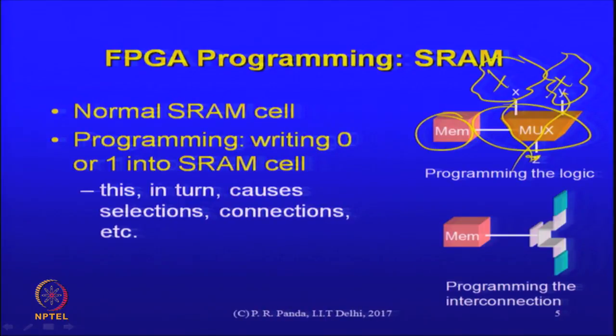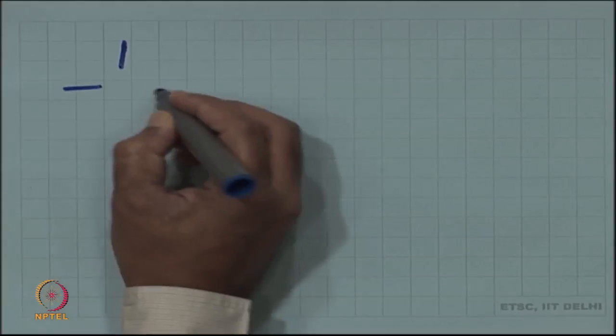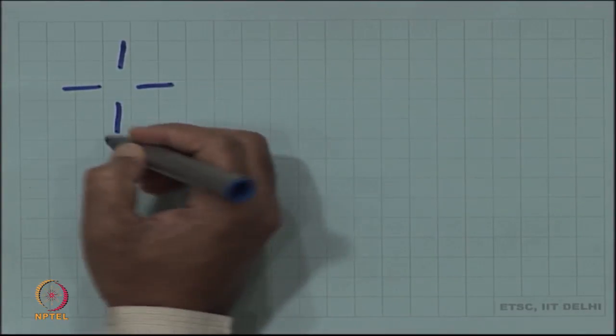Other interesting applications are this. For example, the interconnection could be programmed in ways that you have two terminals that are connected by a transmission gate, and whether you write a 0 or a 1 essentially determines whether those two are shorted or not. That could be used to realize a programmable interconnect in the following way. You have some such design.